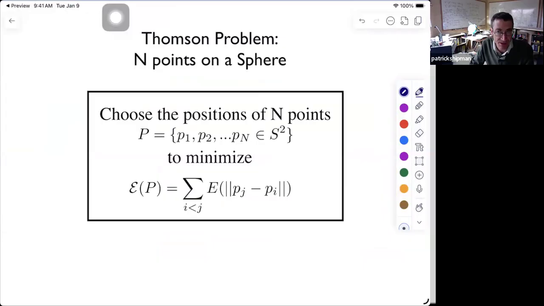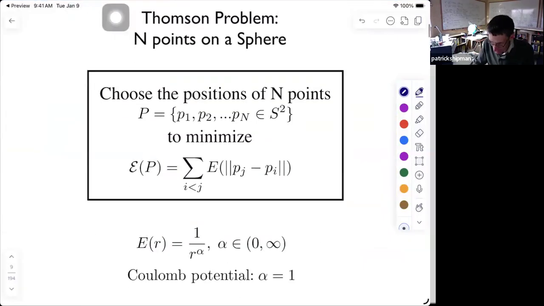But explicitly, you look at the distance between any two pairs of points and think of them as repelling each other, maybe as electrons on the sphere. So there might be a Coulomb potential. So you're summing up 1 over the distance between the points, and you could take a power of those distances as well. Okay, so that's the classic Thomson problem.